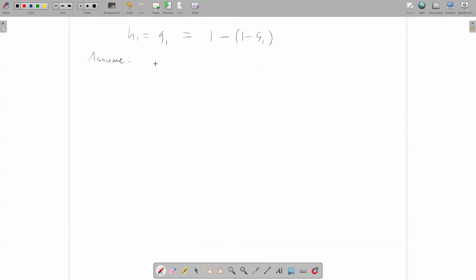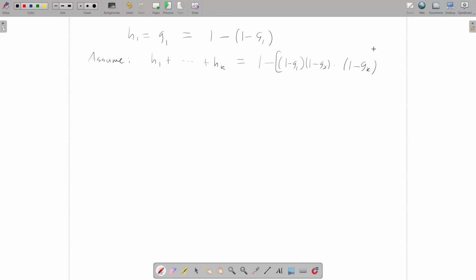that the sum of H1 to HK is equal to 1 minus (1 minus G1)(1 minus G2) all the way out to (1 minus GK).